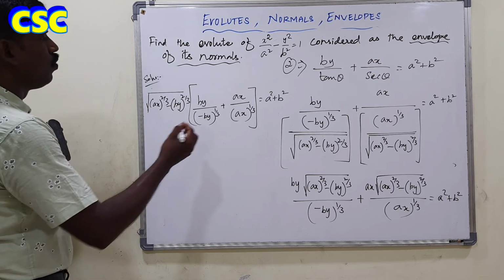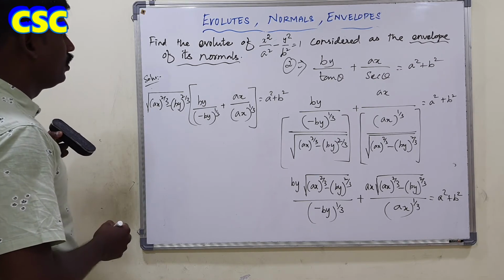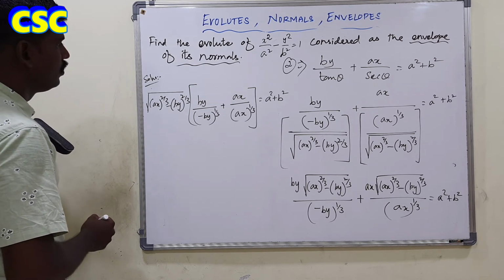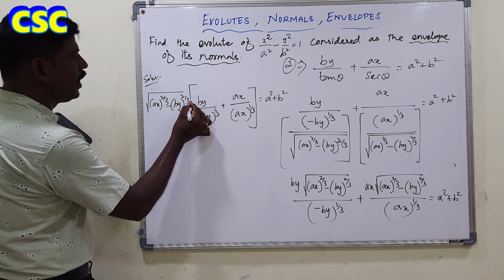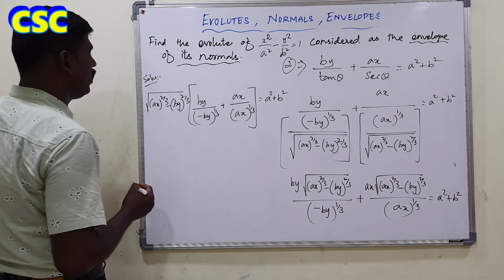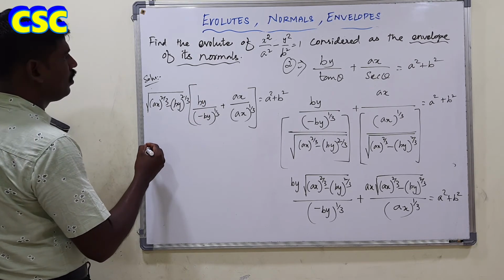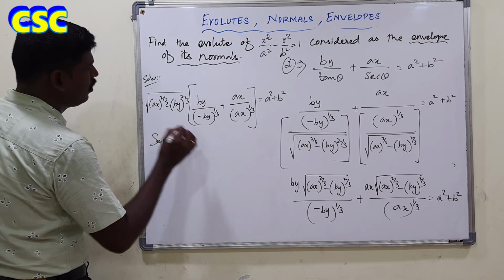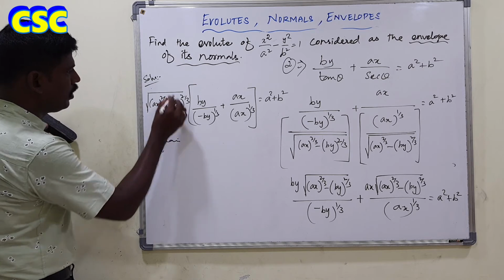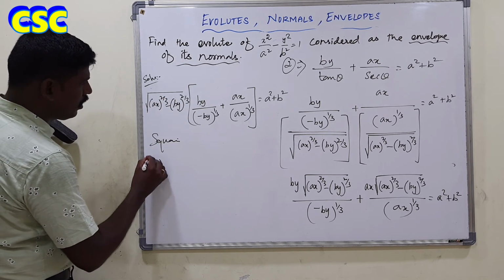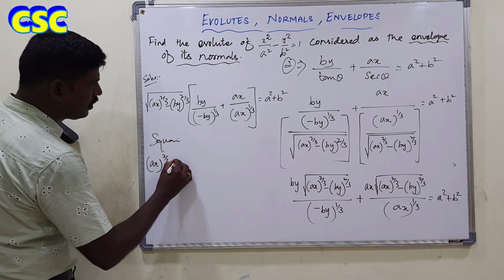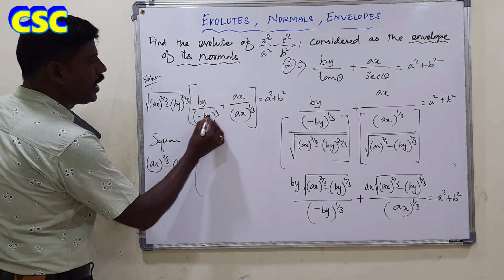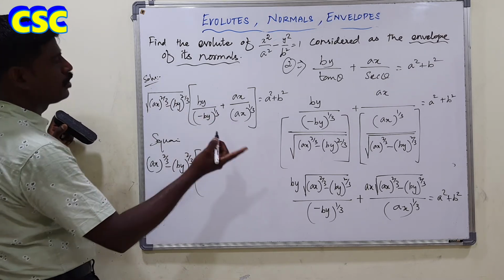Now taking squaring on both sides. Or otherwise we can take this minus into the numerator. No problem about it. First we are taking squaring on both sides. What will you get? The numerator becomes ax power 2 by 3 minus by power 2 by 3 into this minus 1 power 1 by 3, which can be written as minus 1, right?